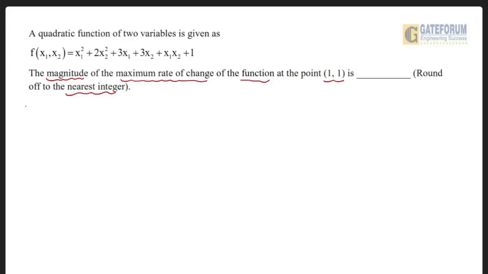So the solution is, you know that formula: mod grad f at that point gives the maximum rate of change of the function.